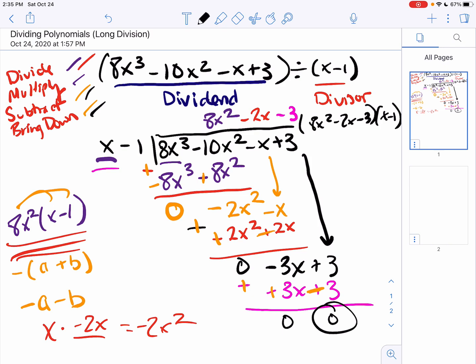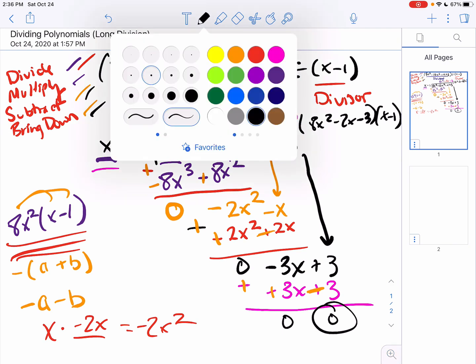X minus 1 is a factor. They are both factors of the original dividend, 8x to the third minus 10x squared minus x plus 3, divided by x minus 1. The polynomial 8x squared minus 2x minus 3 is called the quotient. This is the quotient.